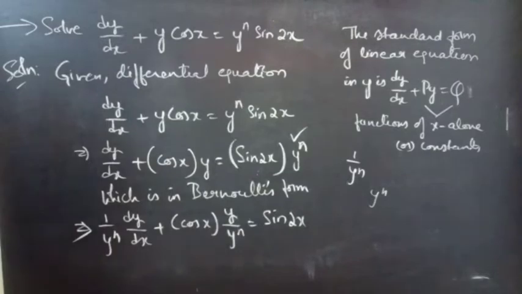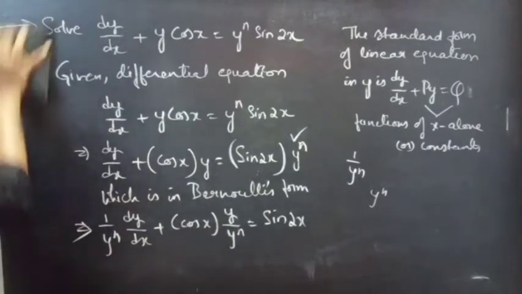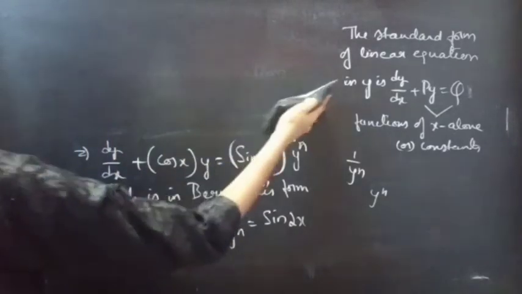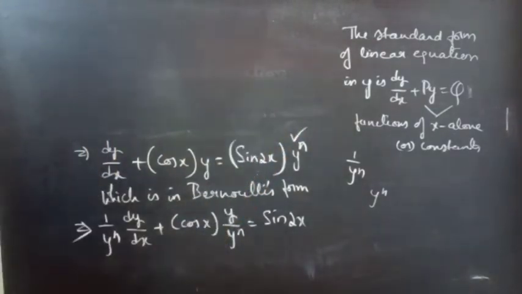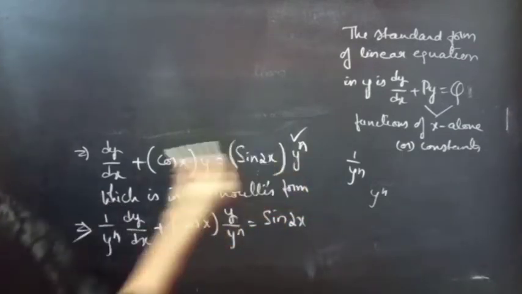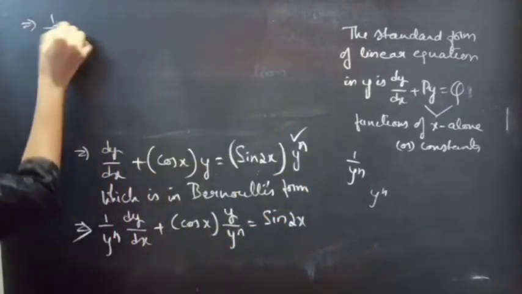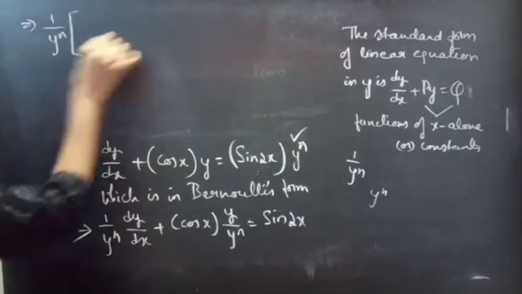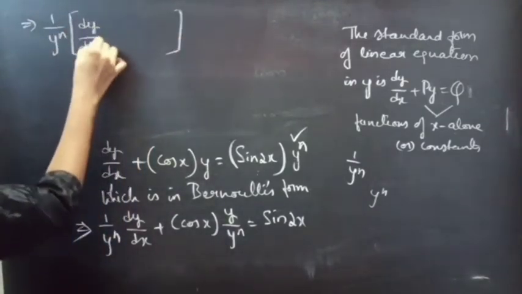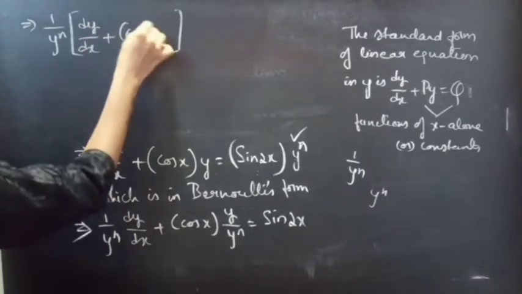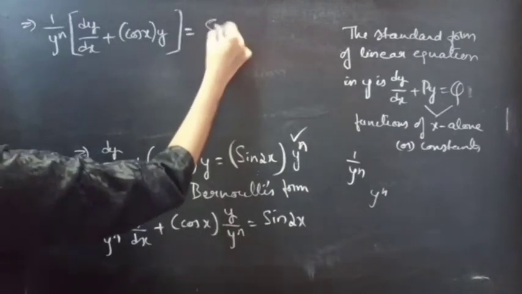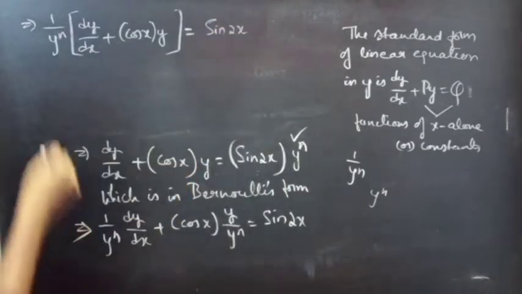So now we'll see what happens exactly while multiplying the LHS part with 1 by y power n. If we bring this to the LHS part, you'll get 1 by y power n times the LHS part, that is dy by dx plus cos x into y equals sin 2x, right?